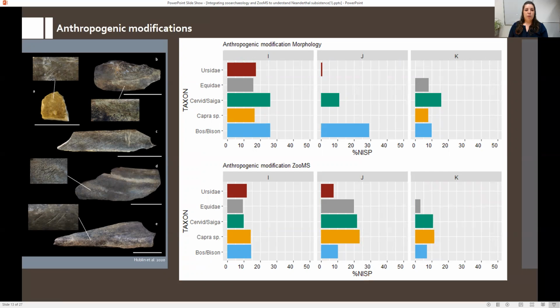This pattern can be observed from the ZooMS and the zooarchaeological analysis. The exploitation of carnivores such as Ursidae, but also Panthera, Leporids, or even Hyaenidae opened the discussion on site occupation, complex interaction with carnivores, and subsistence behavior at Bacho Kiro Cave.